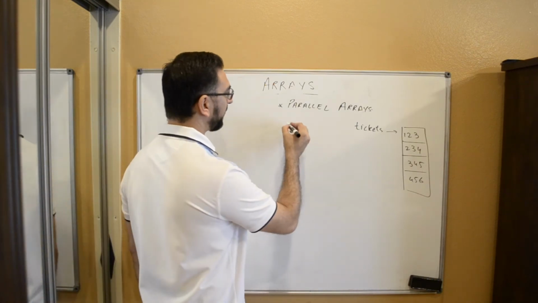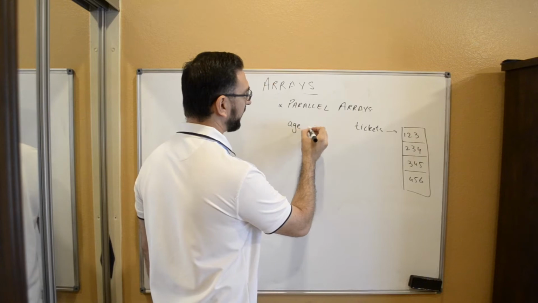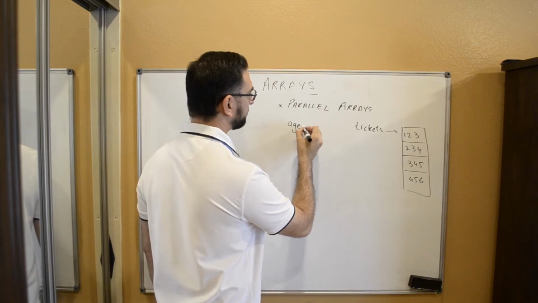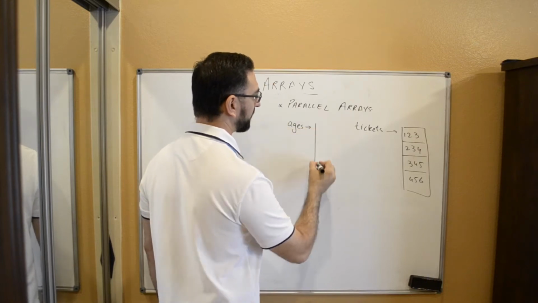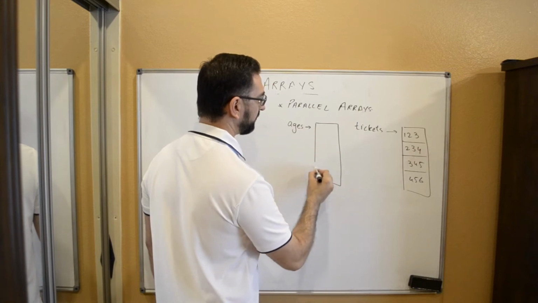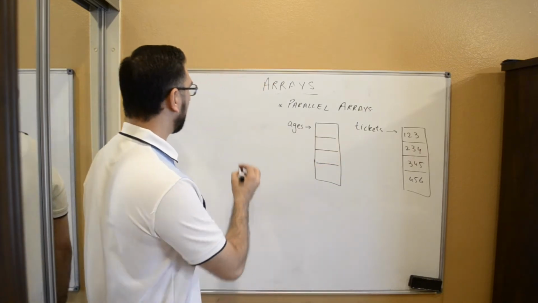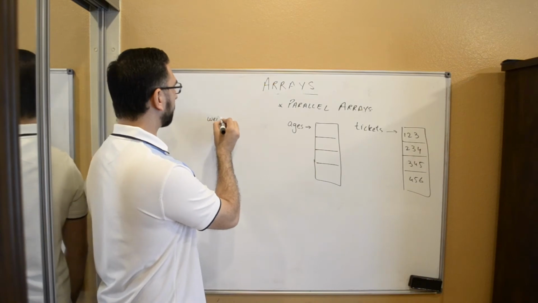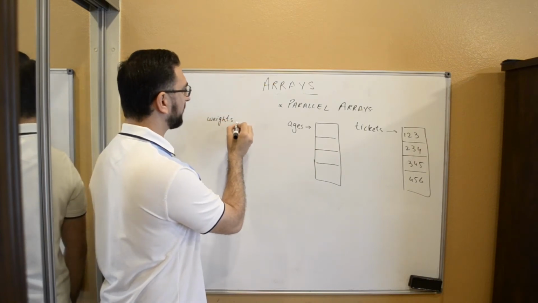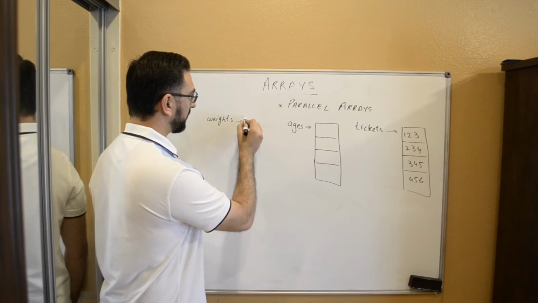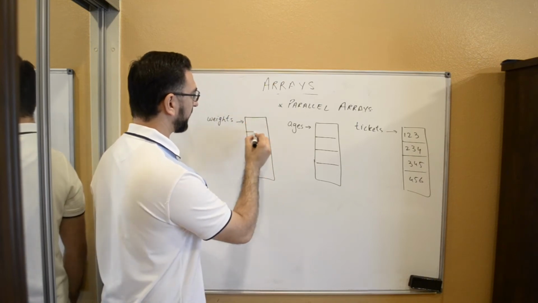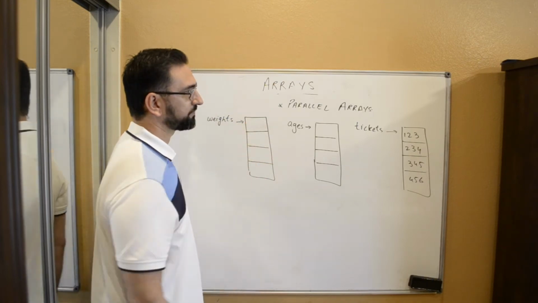In order to do that, we can create another array called ages, and we store some values in this array, and another array called weights, and store the weights of the rider in this array.